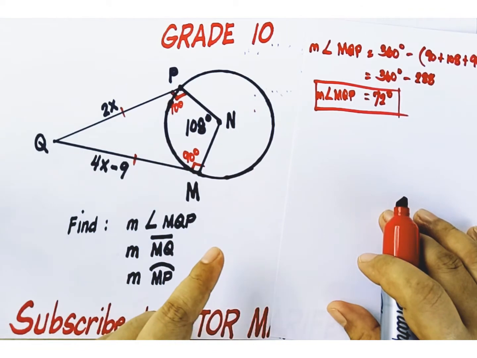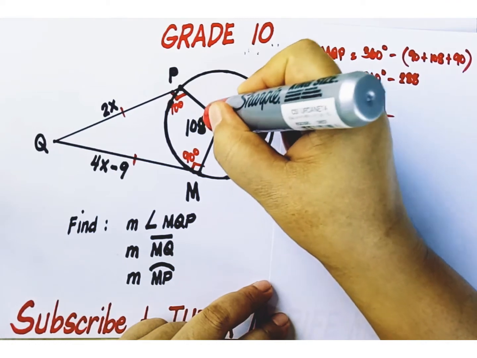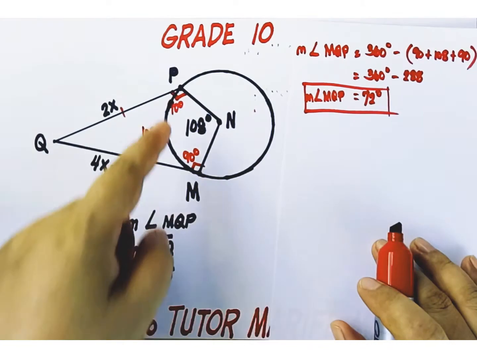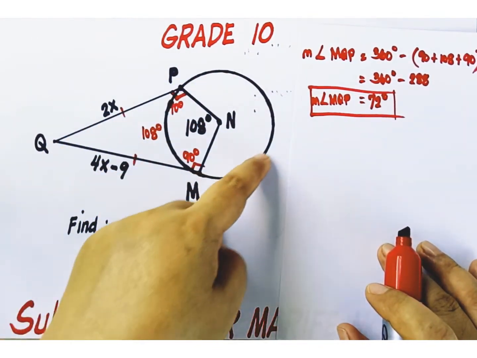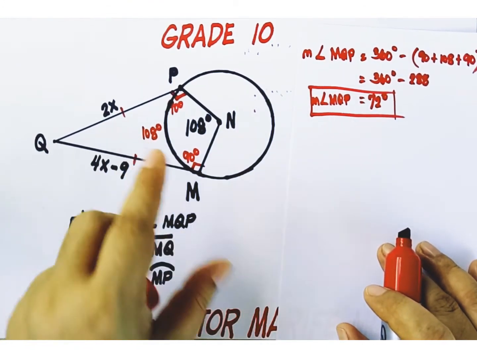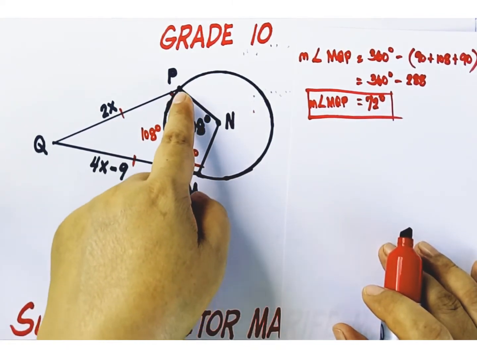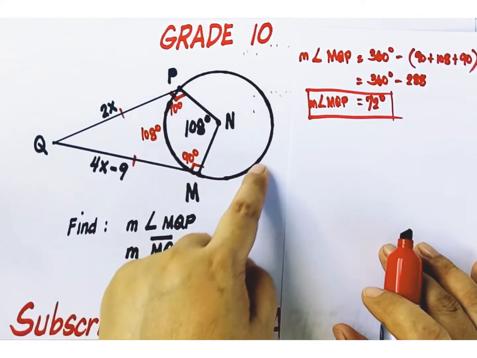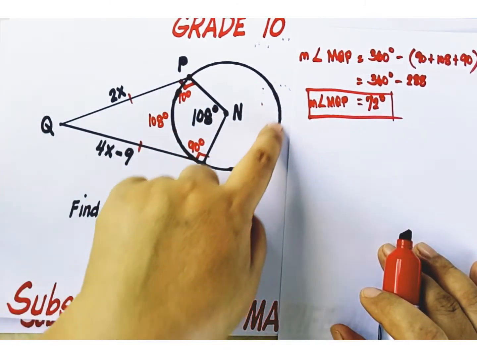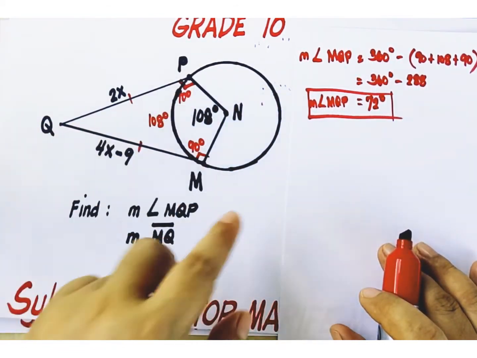Arc MP is already solved. It's equal to 108 degrees. It's the same as this central angle. And this major arc can be solved by subtracting 108 from a full circle, 360 degrees. Why? Because if you're going to add up this major arc and this minor arc MP, we form the circumference of the circle, which is equal to 360 degrees.